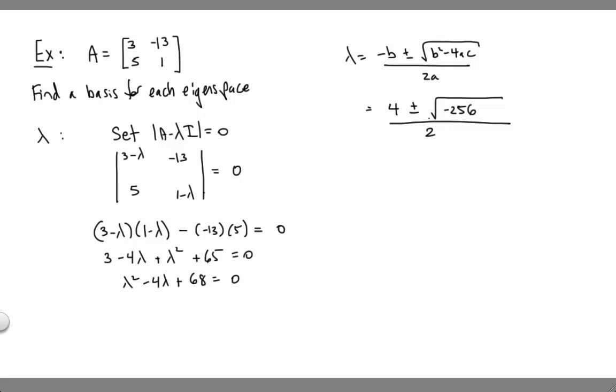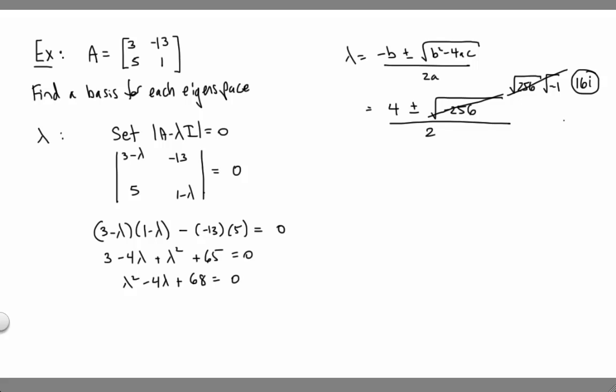So let's think about just cleaning up this root here. Usually what I do is I cross that off and I think, okay, that's the same thing as root 256 times root negative 1. And then from there we can express that a little bit better, because root 256 is 16 and root negative 1 is, of course, i.